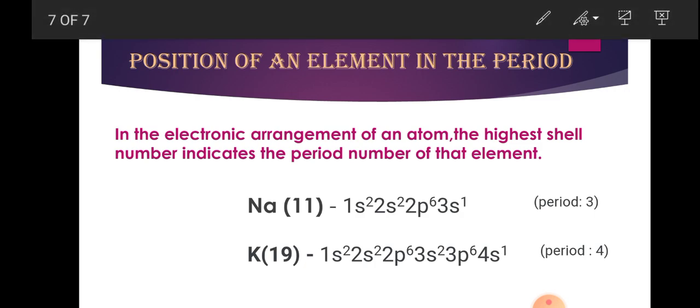From the electronic configuration of sodium, we can see that the highest shell number of sodium is 3. That's why sodium belongs to period 3. Now another example, potassium. From the electronic configuration of potassium, we can see that the outermost shell or highest shell number of potassium is 4. That's why period number of potassium is 4.